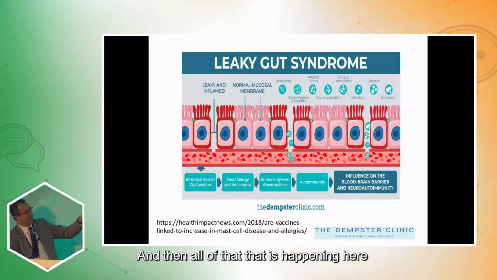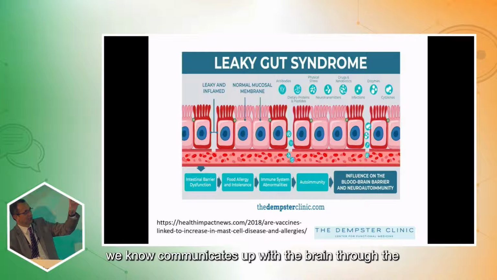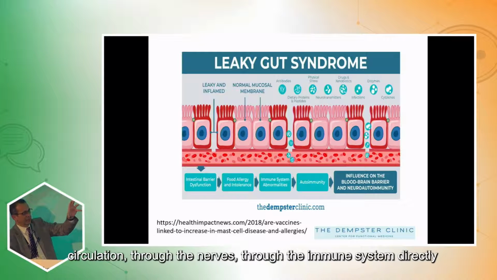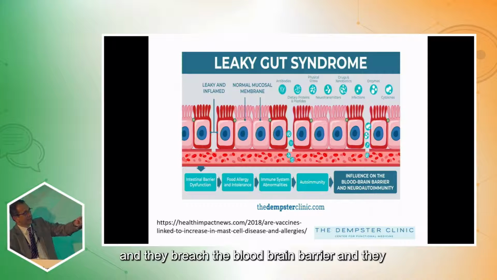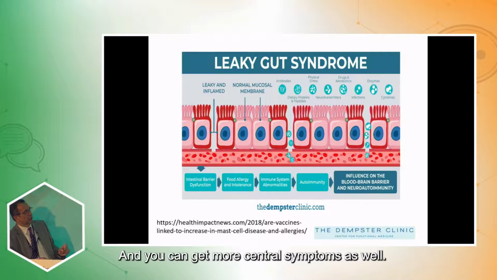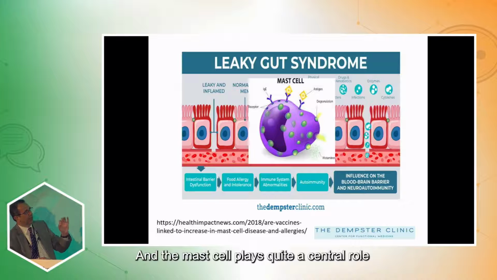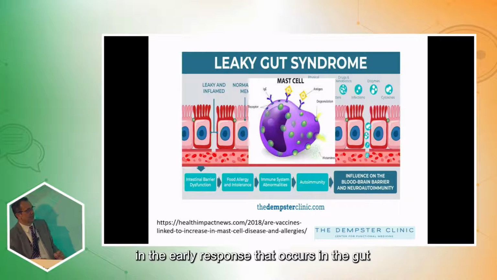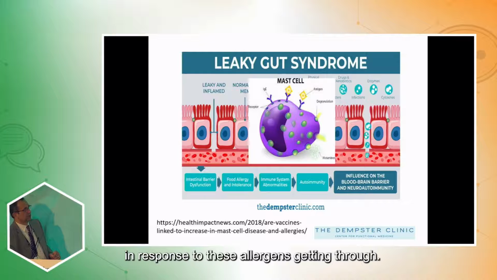And all of that is happening here, we know, communicates up with the brain through the blood, through the circulation, through the nerves, through the immune system directly, and they breach the blood-brain barrier, and they affect the brain as well, and you can get more central symptoms as well. And the mast cell plays quite a central role in the early response that occurs in the gut in response to these allergens getting through.